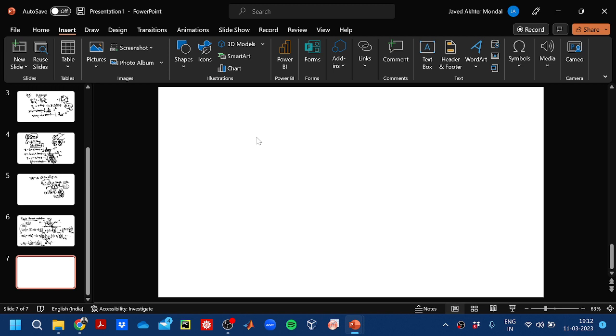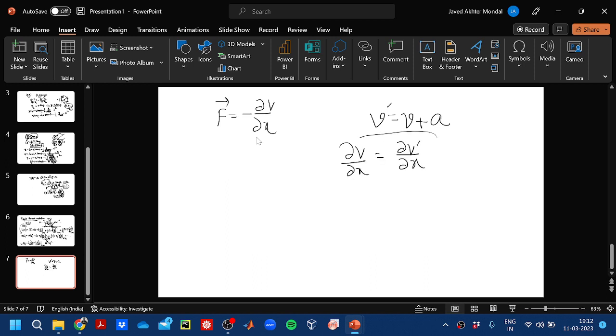Because we know that force is defined as minus dV/dx. So if we scale our potential like this, V' equal to V plus a constant value, then dV/dx and dV'/dx are both the same. So adding any constant value to a potential does not change the equations that we will get.